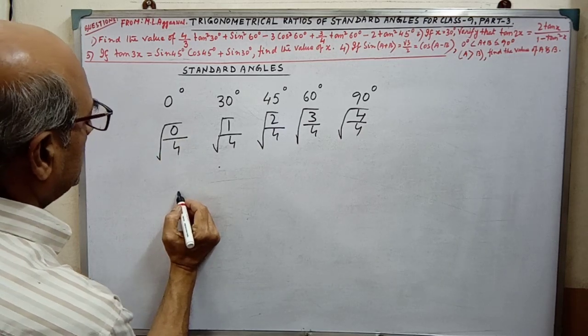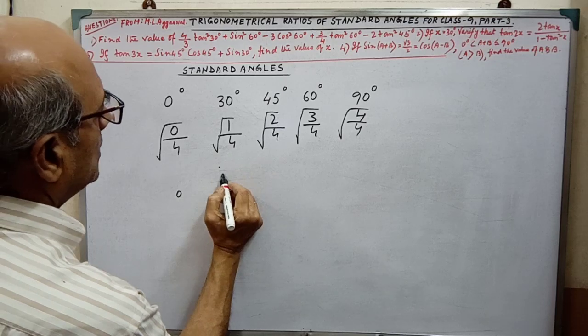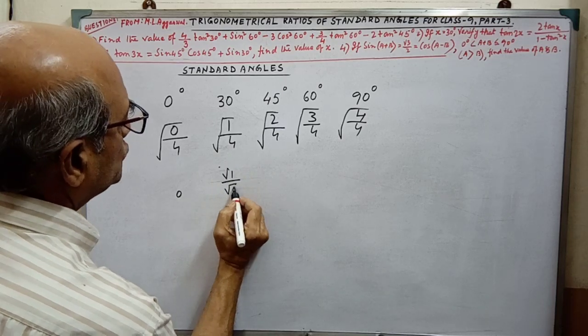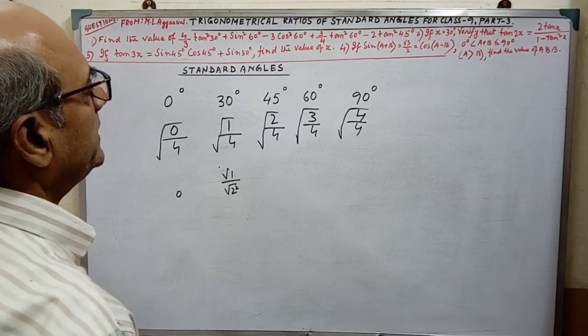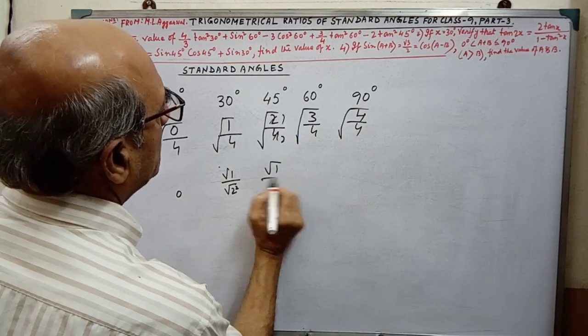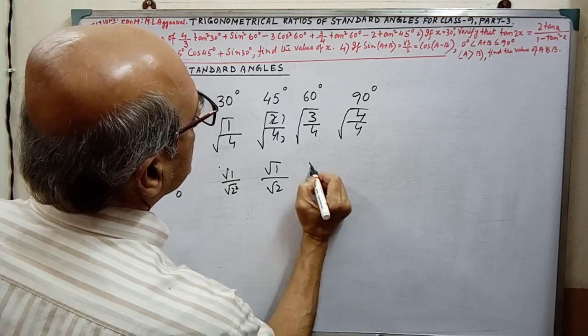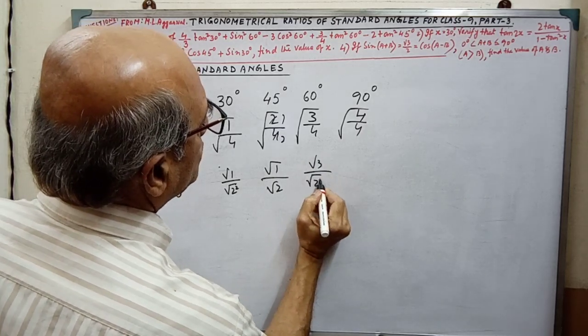By simplification, it is coming 0 and this is coming root 1 by root 2 square, and by cancellation it is coming root 1 by root 2, and this is root 3 by root 2 square.